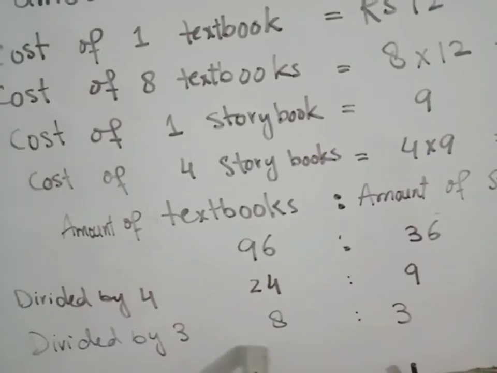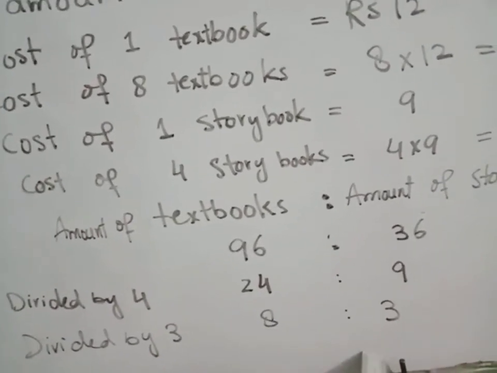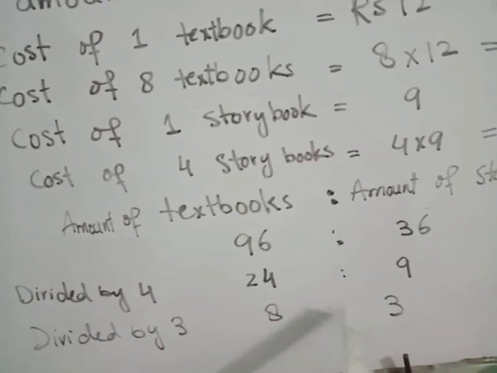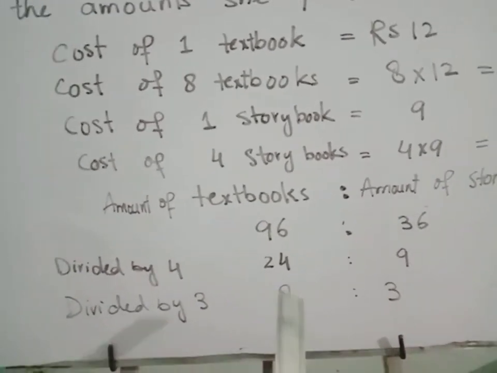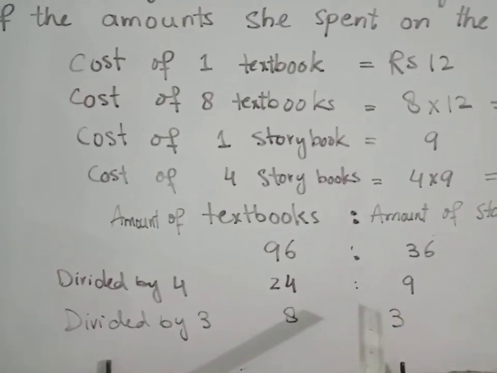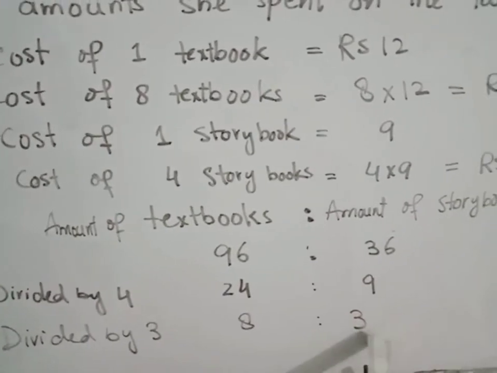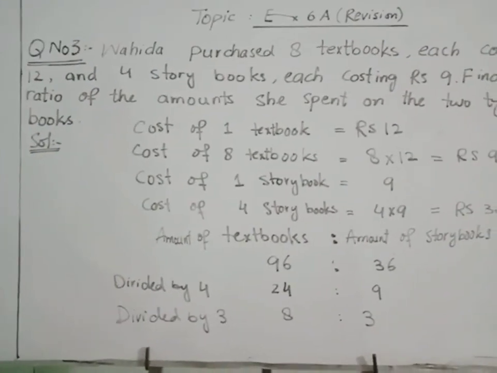This is the simplest form of this ratio because there is no common table which can divide these values. So this is the ratio of the amount of textbooks to the amount of storybooks. So this is our answer.